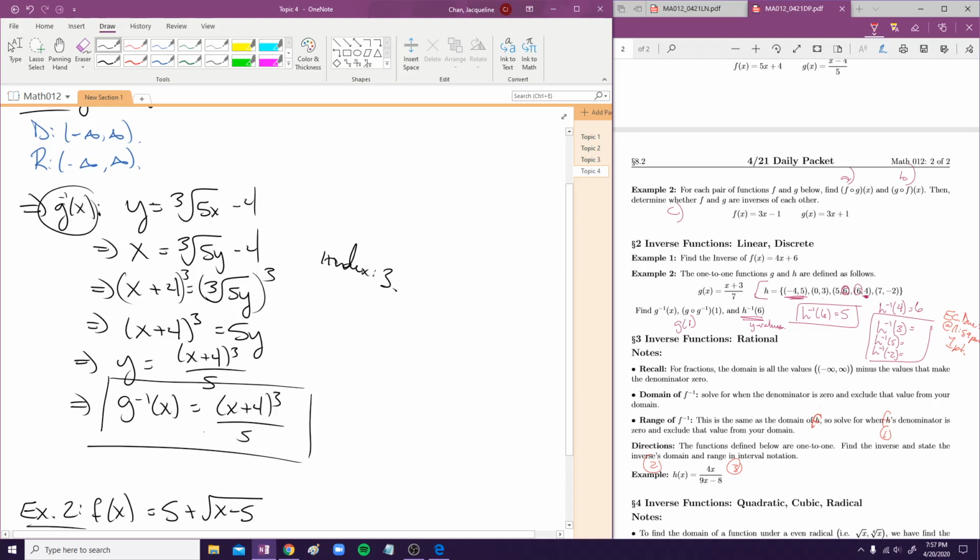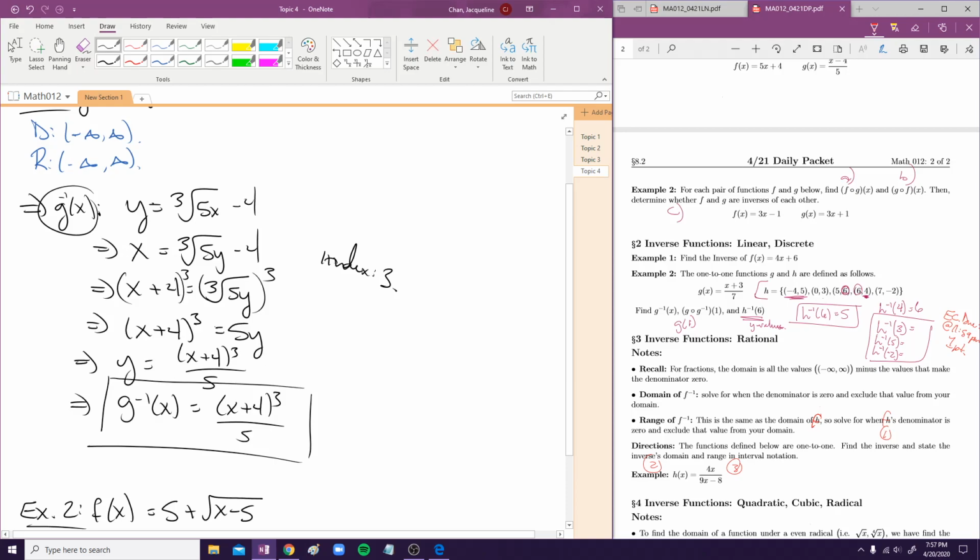So now when I look at this, even when I look at the range here, we still have to check it, and we want to see 5 equals 0, and never equals 0. So the domain is negative infinity to infinity. Actually, never mind. We don't have to look at this. That's fine.